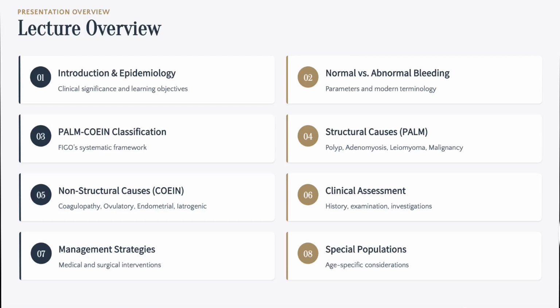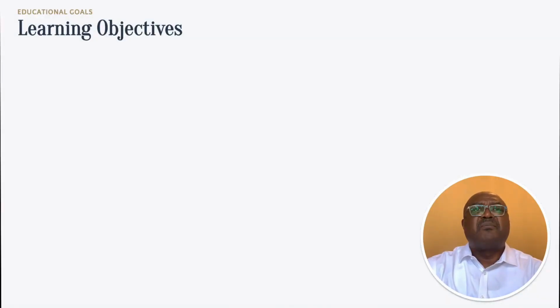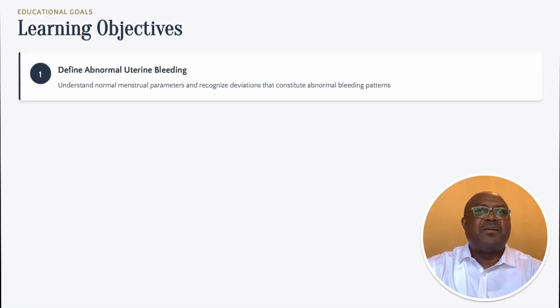So, welcome. Before we begin, let's establish our learning objectives. First, you should be able to define abnormal uterine bleeding by understanding normal menstruation patterns and recognizing clinically significant deviations from it.